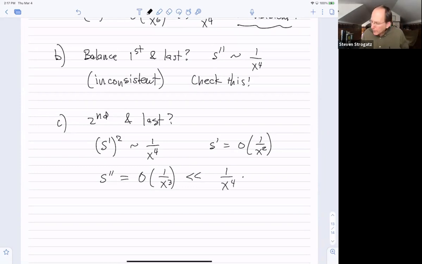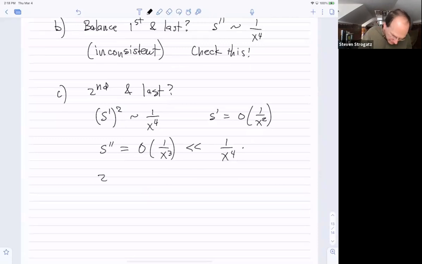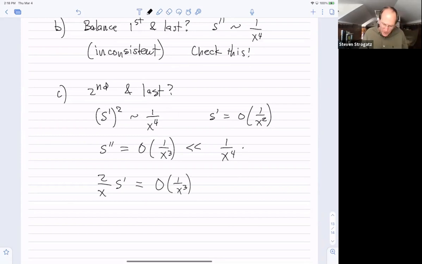And what other terms are there? There was also a term 2 over x times s prime. How big would that be? So that's also a big O of 1 over x cubed, right? Because we said s prime is order 1 over x squared. So that's also working.